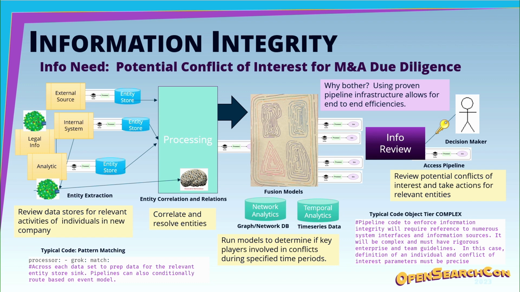You could go directly to all of these and try to get that, but the fact is it's going to be littered across a number of different tools, and you only have a few people who can actually see that rolled up data. So you could pipe out of the entity store, process in your entity correlation, and then apply fusion models.